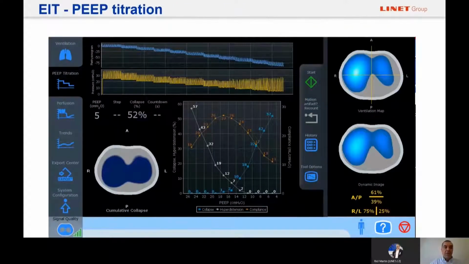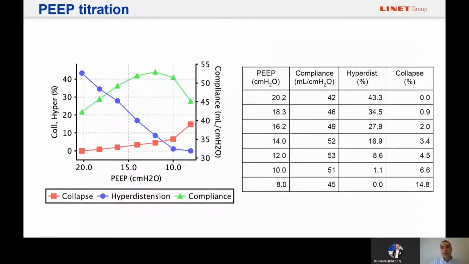PEEP titration by EIT is the tool of the EIT which can analyze the compliance, hyperdistension, and collapse. We can analyze the global parameters as compliance, hyperdistension, and collapse, and choose one of the PEEP levels, in this case 12, as optimal.